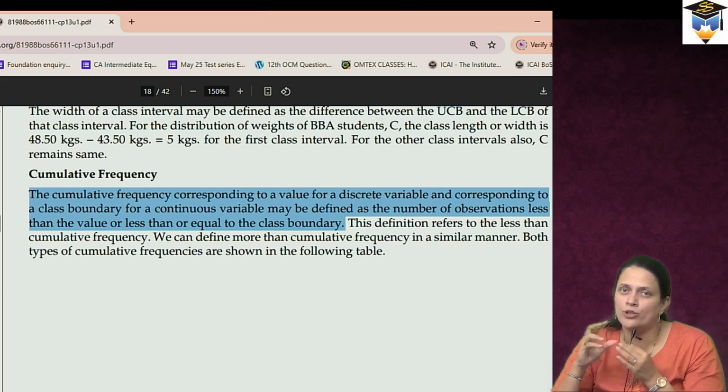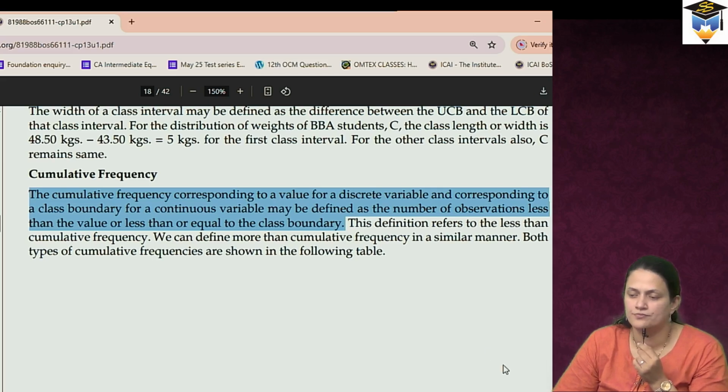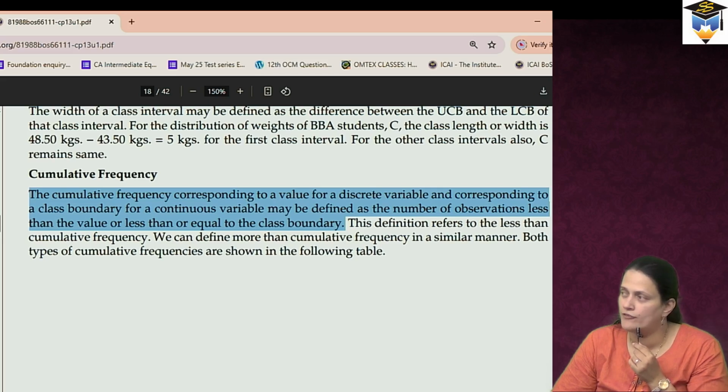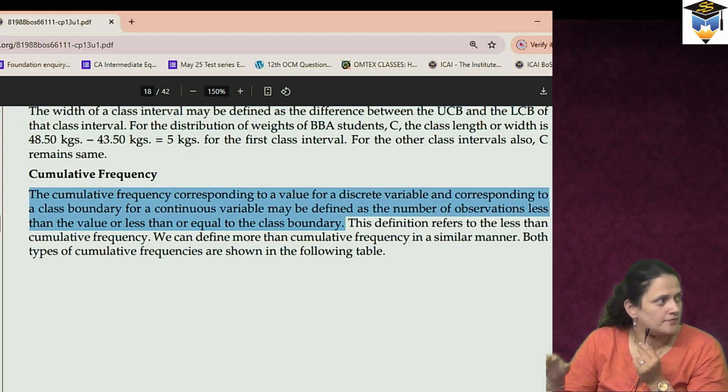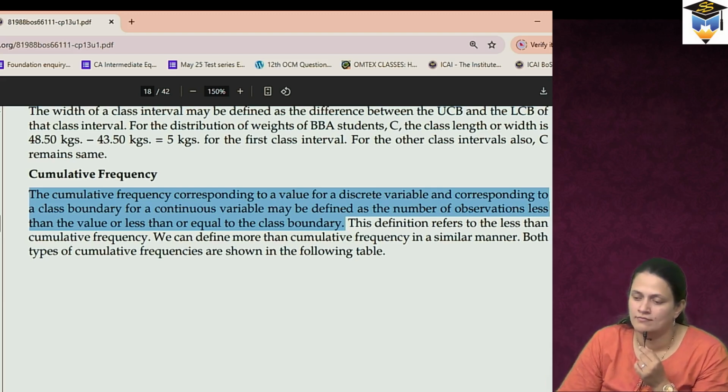All this theory is very necessary for you to understand, then only the further things will be clear to you. Finished?